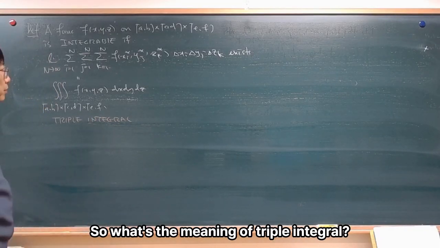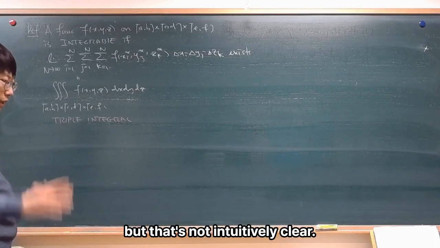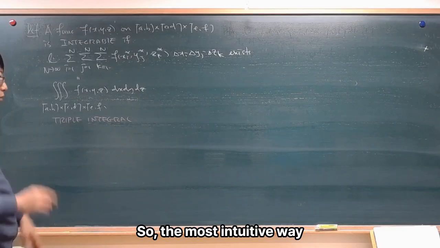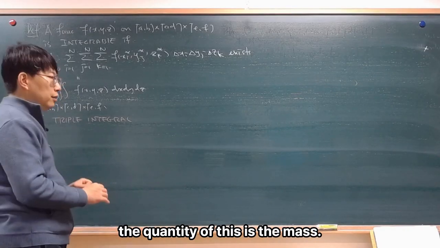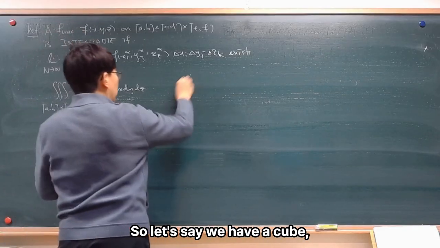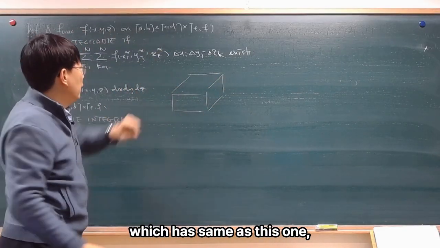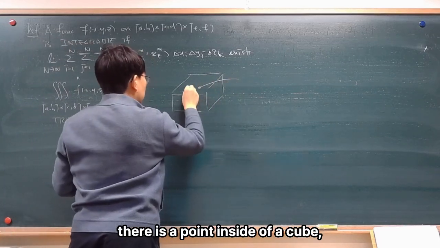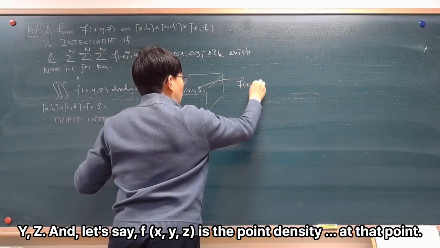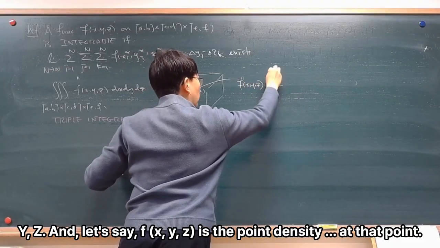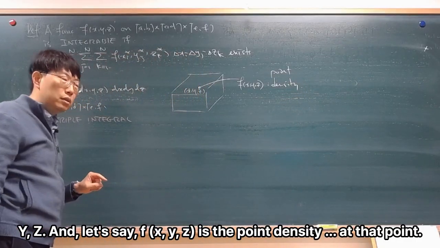So what's the meaning of the triple integral? Well, as I said, it's going to be the volume of a four-dimensional object, but that's not intuitively clear. The most intuitive way of describing the quantity is the mass. Let's say we have a cube, same as this one, and there's a point inside of the cube, let's call it (x, y, z), and let's say f(x, y, z) is the point density at that point.